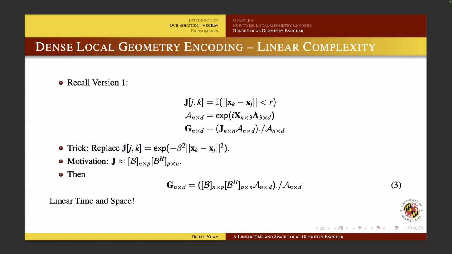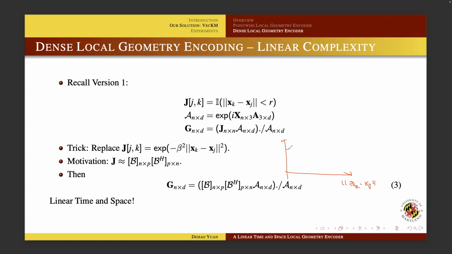We can replace the J. Remember, J is the adjacency matrix. We replace the J with this function. This is the distance between x_k and x_j.